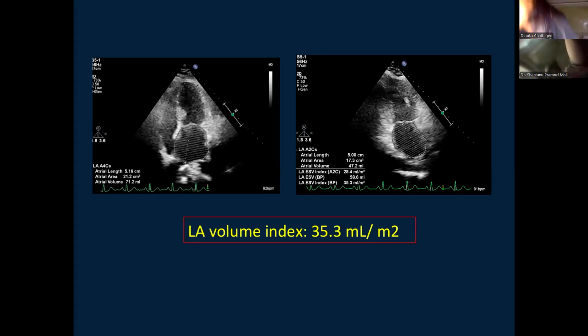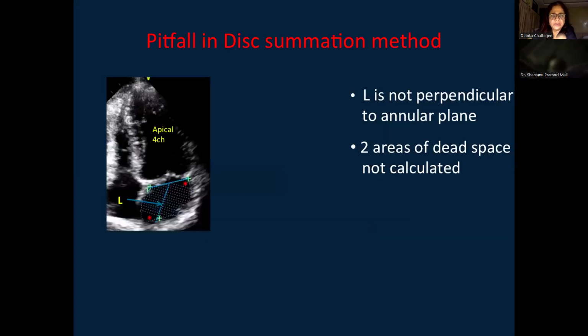Now we have to know how to measure the LA volume index. Remember this pitfall, which I already described. If you look at this picture, this L is not perpendicular to the interannular line. If you see carefully, 2 areas are dead here, one at the top in the corner, another at the bottom in the corner.